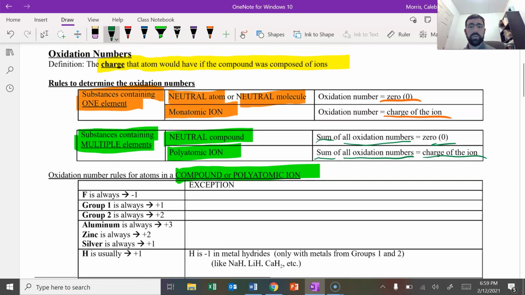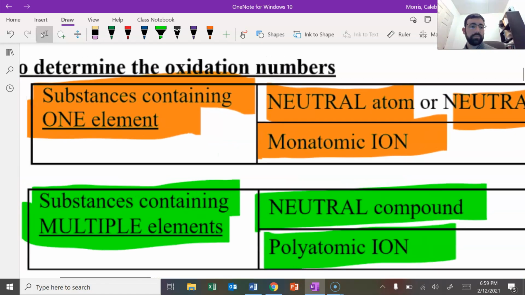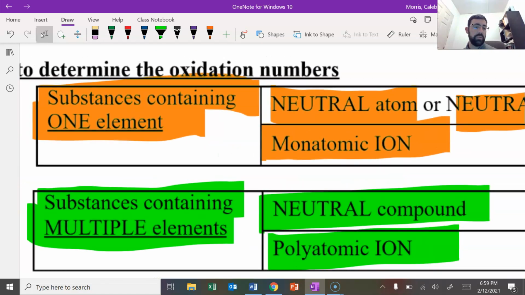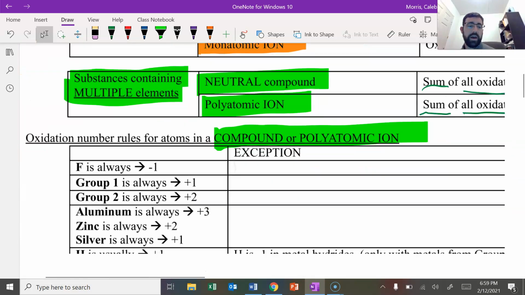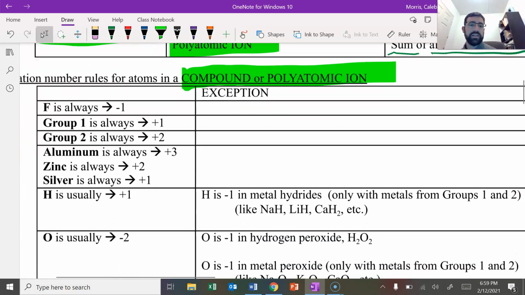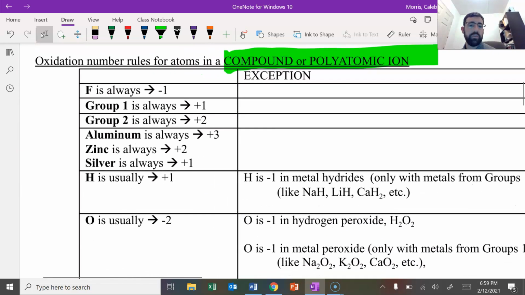Remember, our first rule, if it's an uncombined element, it's going to either be 0 if it's neutral, or it's going to be whatever the charge of our monatomic ion is. But if you've got multiple elements together, it's going to add up to be neutral, or add up to be the charge of the polyatomic ion. So that is the green highlighted area we're talking about here.